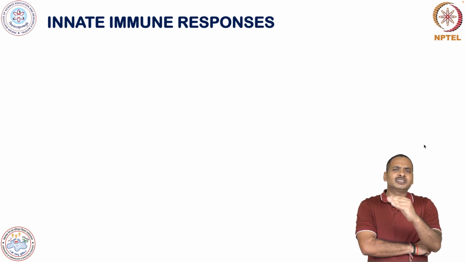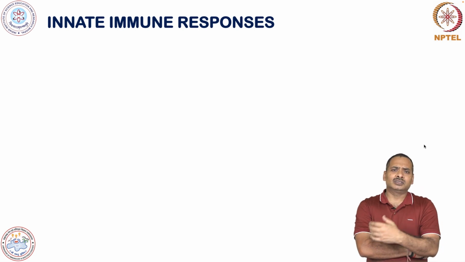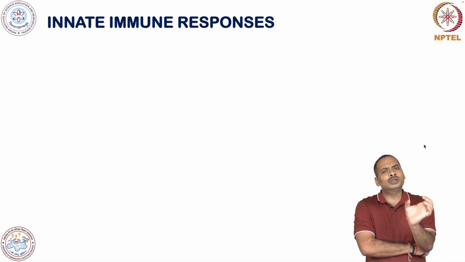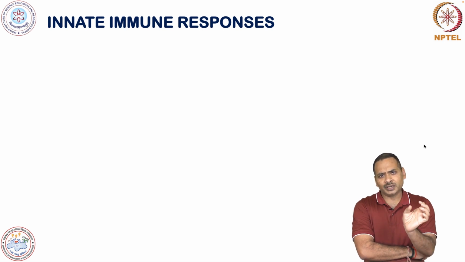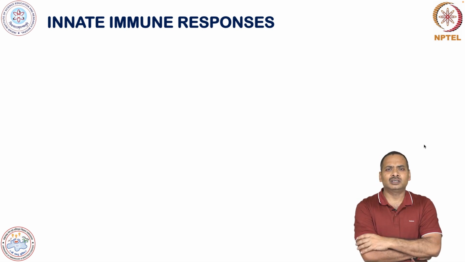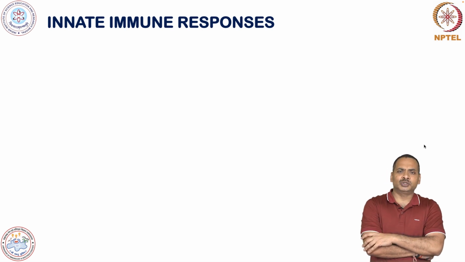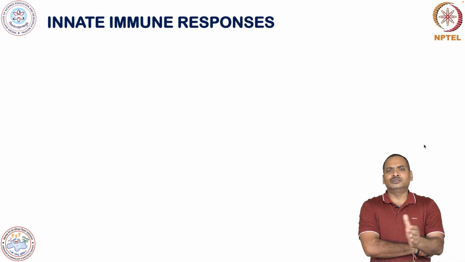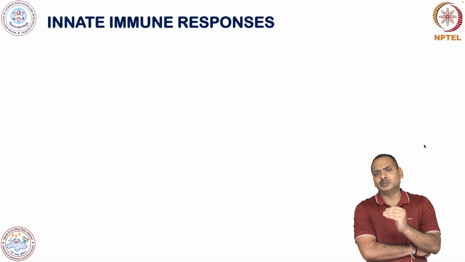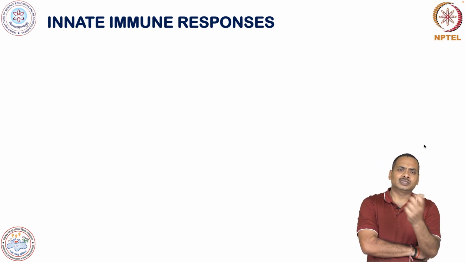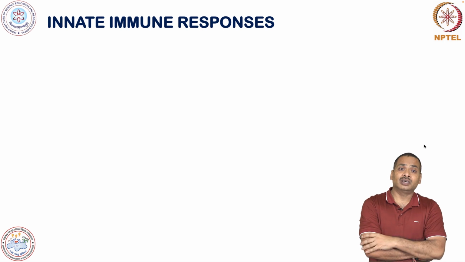So here we will see some of the viruses which are sensed by various PRRs, and try to understand what component of which virus is sensed by particular PRRs. First I will take you through the general innate immune response, and as we move on with the pattern recognition receptors along with viruses, you will understand that these viruses are sensed by these PRRs.